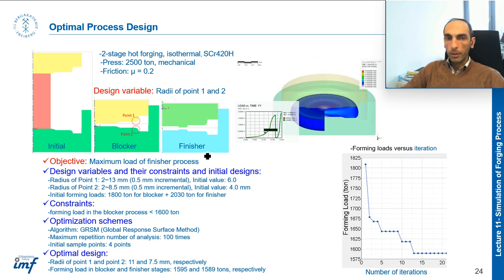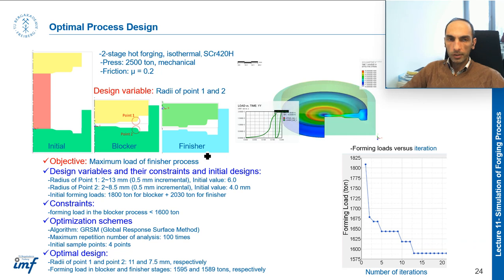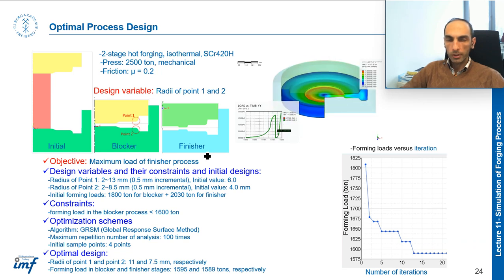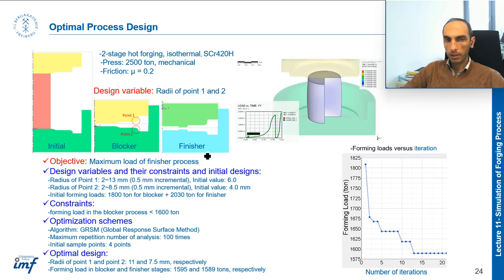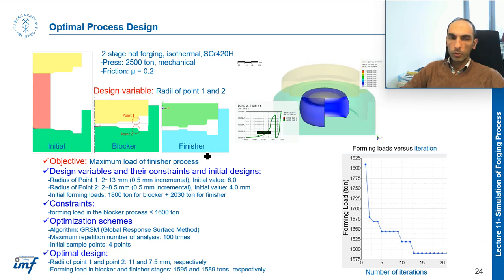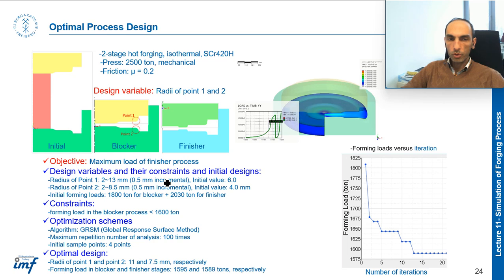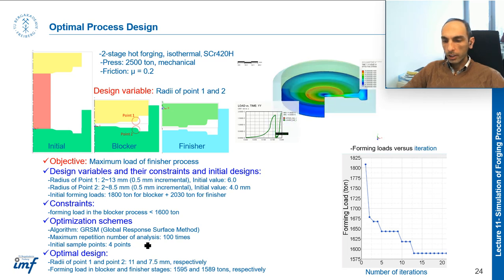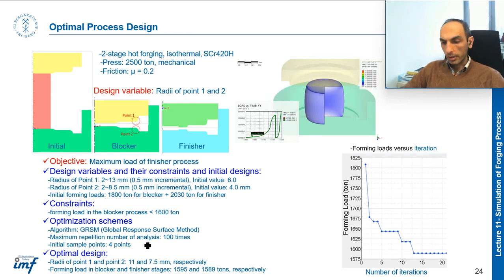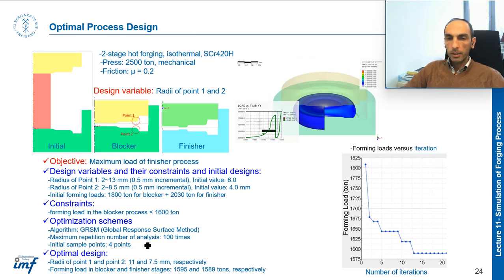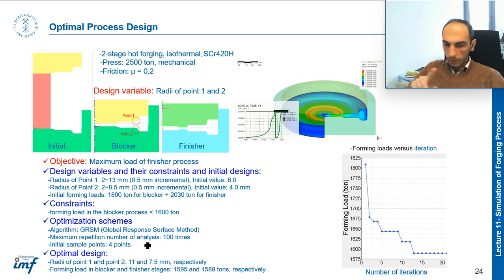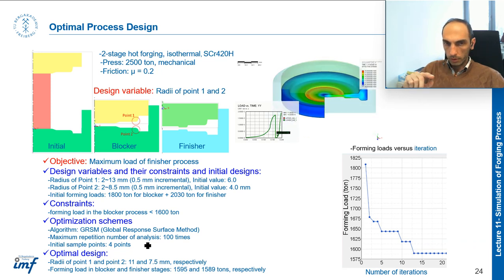But then you will have a matrix because you have two parameters which are changing, the corner at point 1 and the corner at point 2. In this range you should try some values, then finally maybe you may run 50 simulations, for example, and then you should choose the minimum value of the forging load at the finisher.